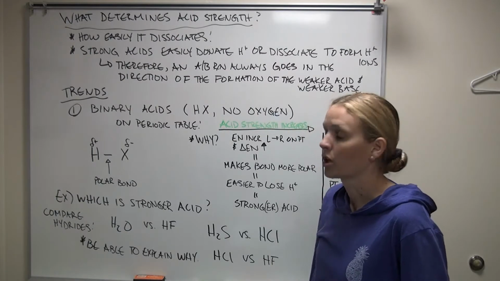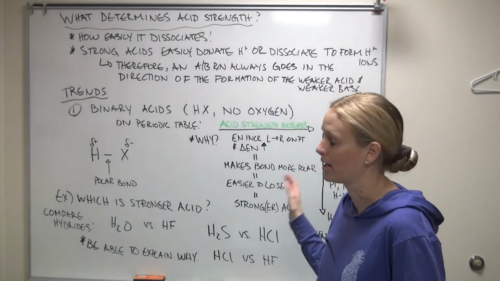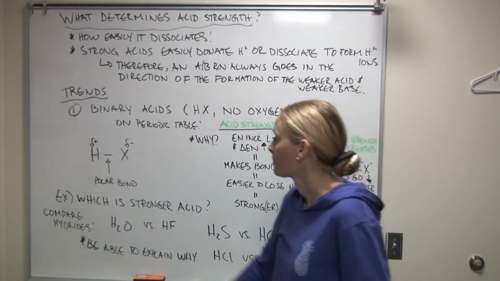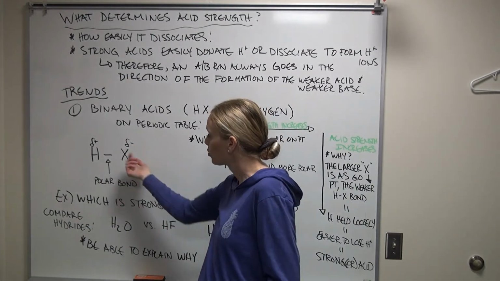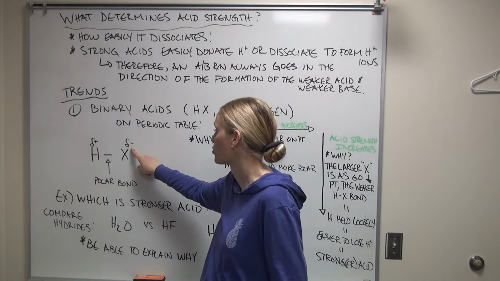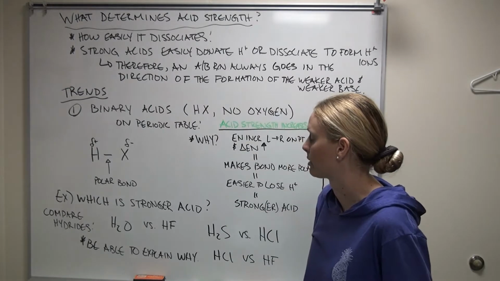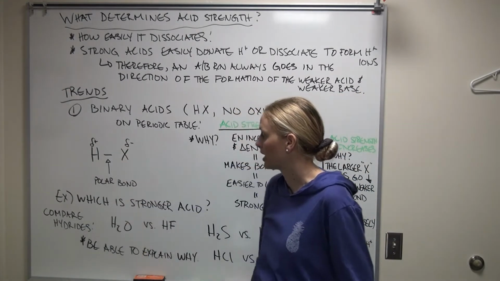If we look on the periodic table for electronegativity, we know as we go to the right on the periodic table that electronegativity increases. And so usually those atoms are more electronegative, meaning they're withdrawing electron density towards themselves, meaning they're going to have more partial negative charge, and we're going to have partial positive charge left on the hydrogen that's bound to it, the acidic proton. And so we end up making a polar bond.